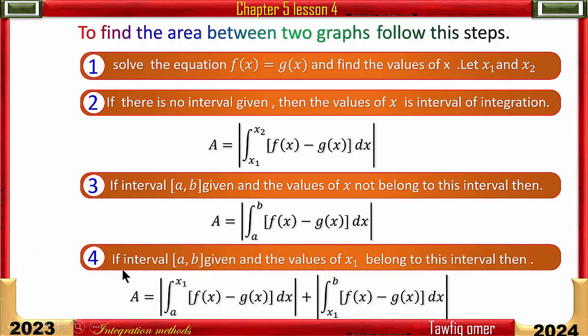Step 4. If interval [a, b] is given and the value x1 belongs to this interval, then we take the area from a to x1 and from x1 to b.